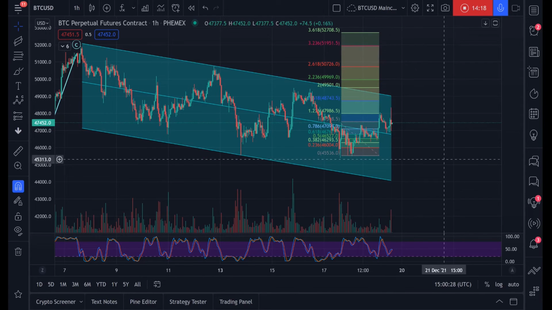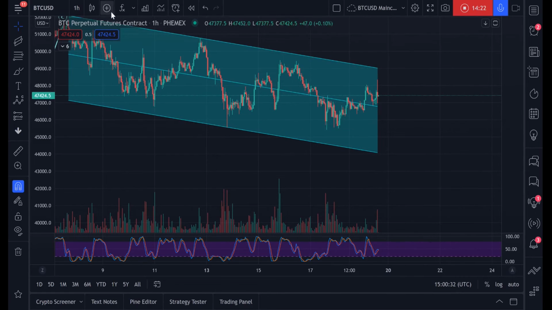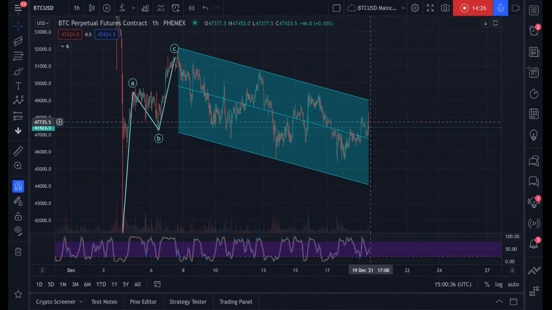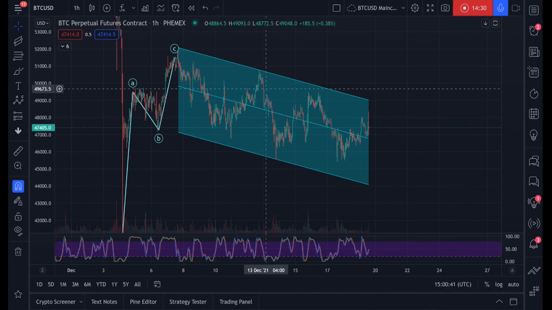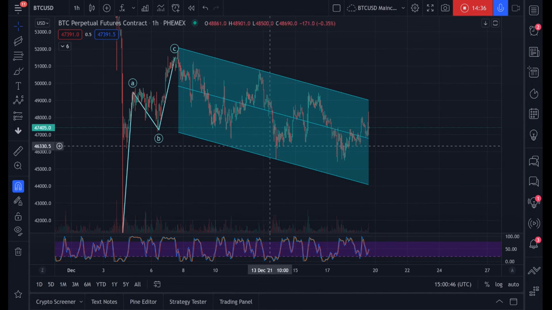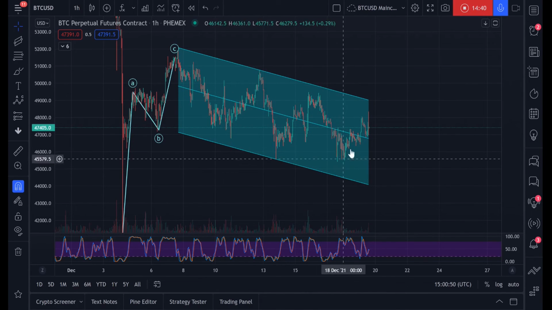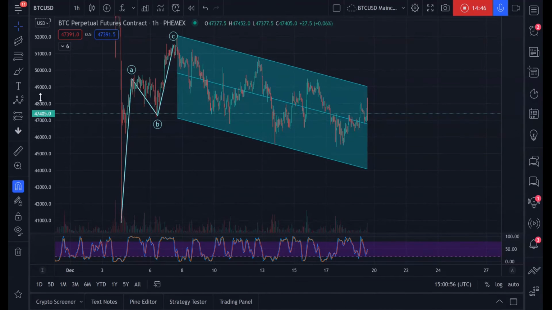It's very likely that given where we're at on the larger time frames, because we just printed, basically what happens after these reversals on the top, Bitcoin comes up to the top of the channel, reverses down to the bottom. Top of the channel reverses close to the bottom. I anticipate we come here.